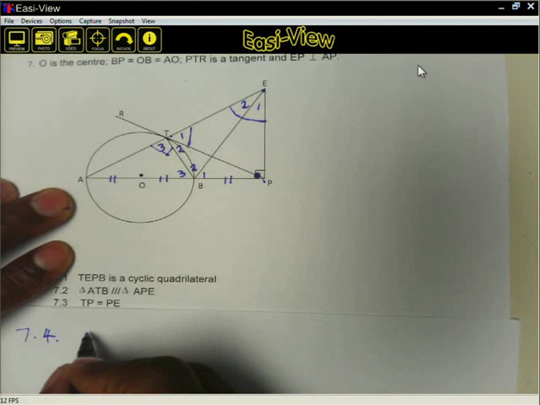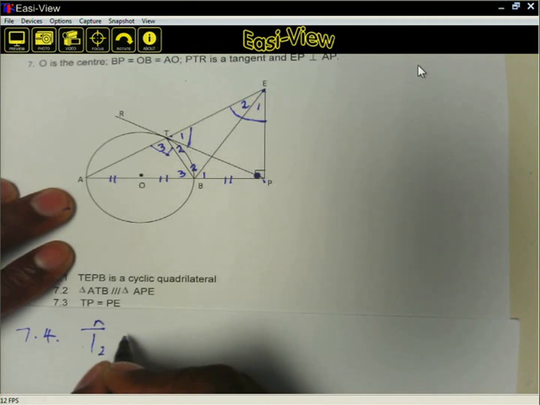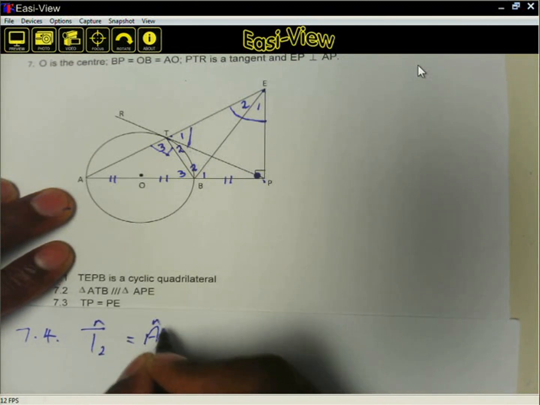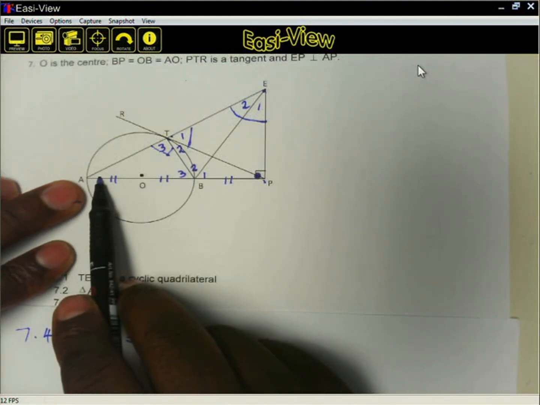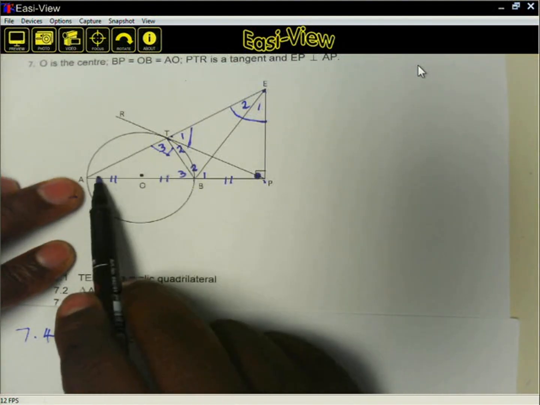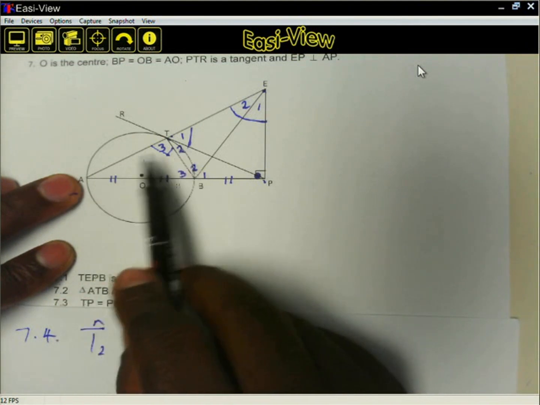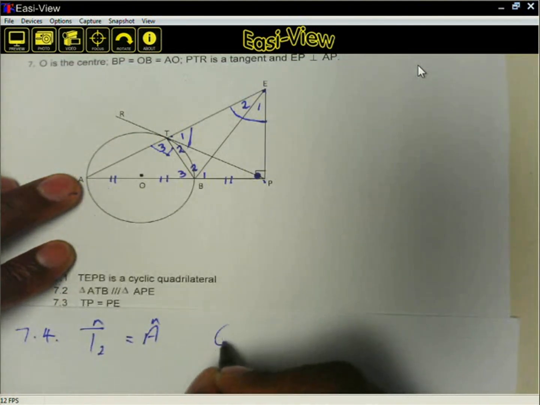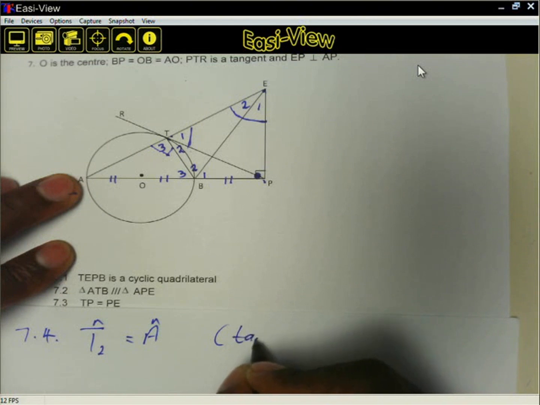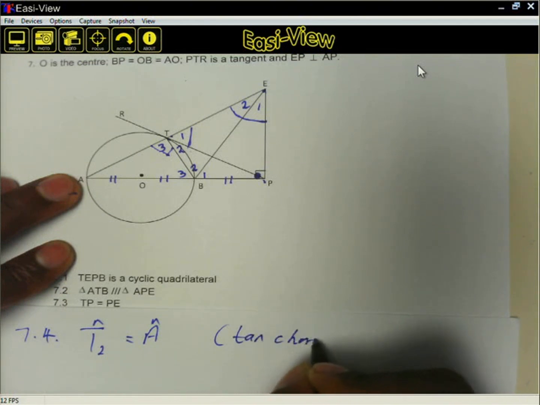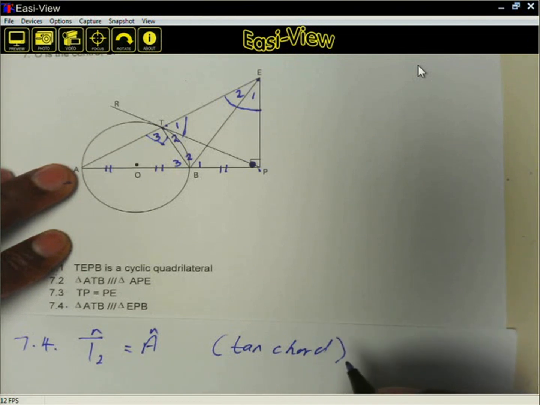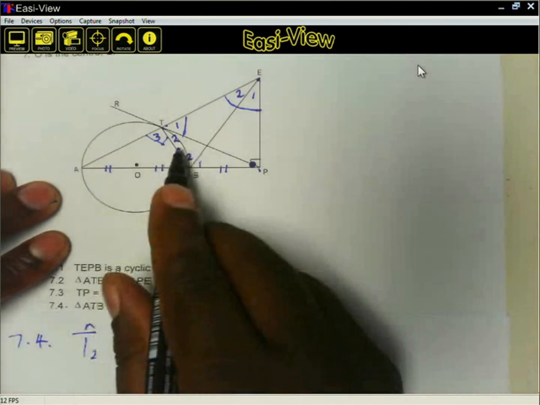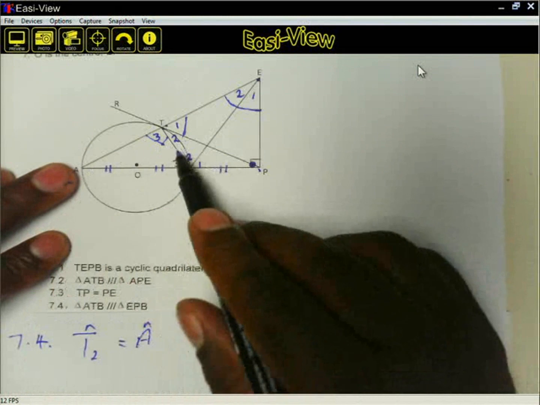Check angle T2. Angle T2 is equal to angle A. Give me a reason for that statement. Why do I say angle T2 is equal to angle A? According to the tan chord theorem. But look at angle T2 again.